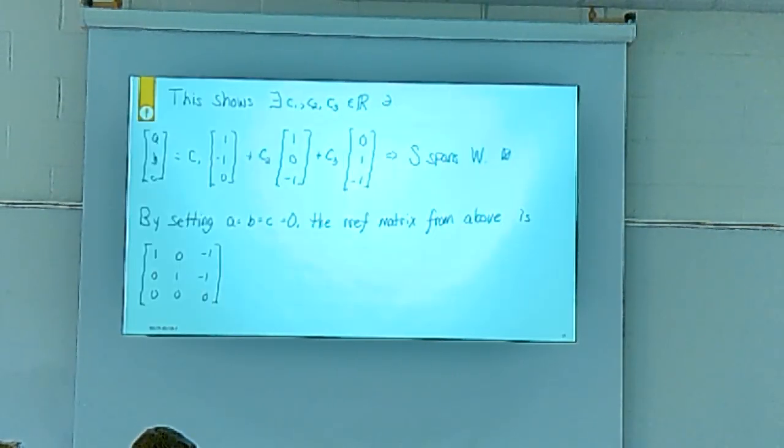Right? If we just look at the zero vector, A equals B equals C equals 0. Would these vectors in S be linearly independent? So which vector can we remove? Right? In other words, which vector is a linear combination of the others? The third vector, right? Eliminate the third vector to get your basis.